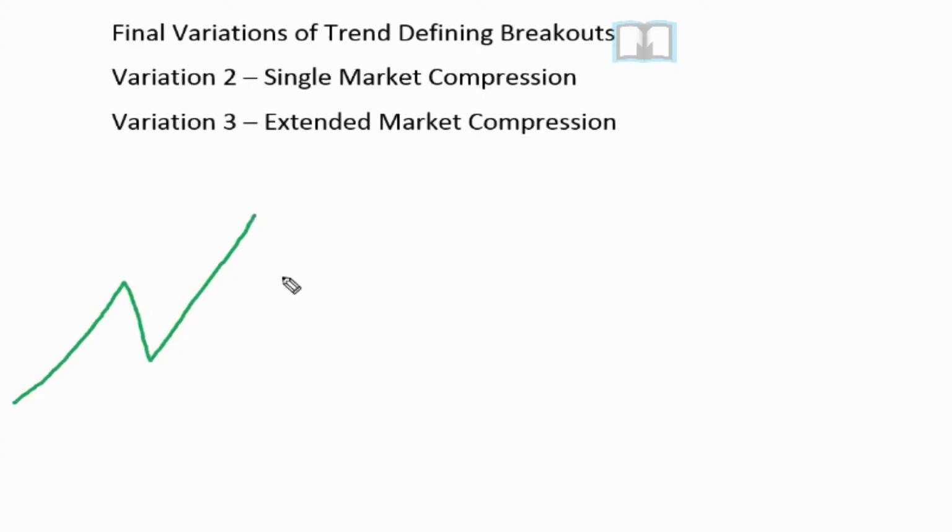So let's take a look at an uptrend. What defines an uptrend? We have a low, we have a high, and since we are in an uptrend and we are in a trend-defining breakout, that means we're waiting for the market to commit to going to the downside.